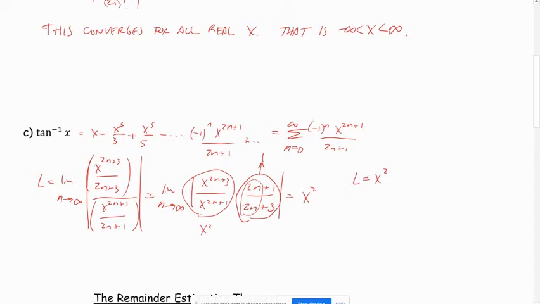And so this will converge when x squared is less than 1, which means x has to be in between -1 and 1. And so that gives us the open interval where it converges. Now we just need to test the endpoints.